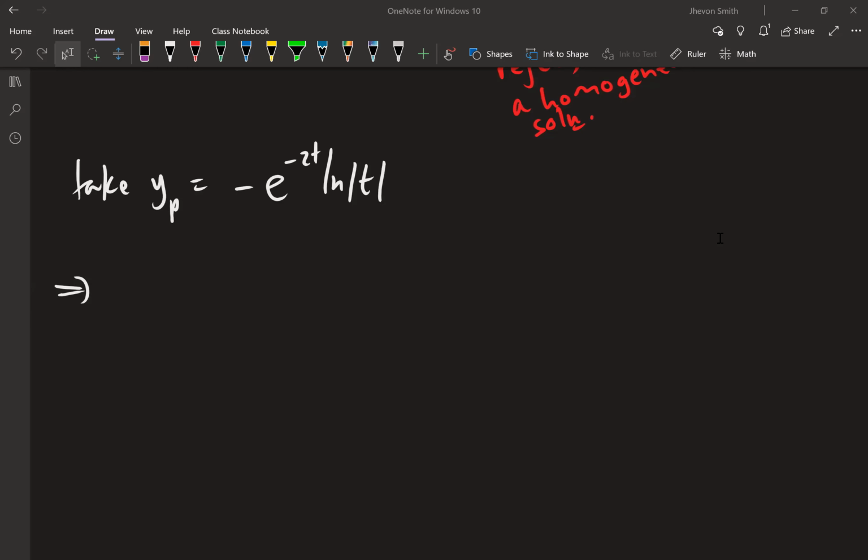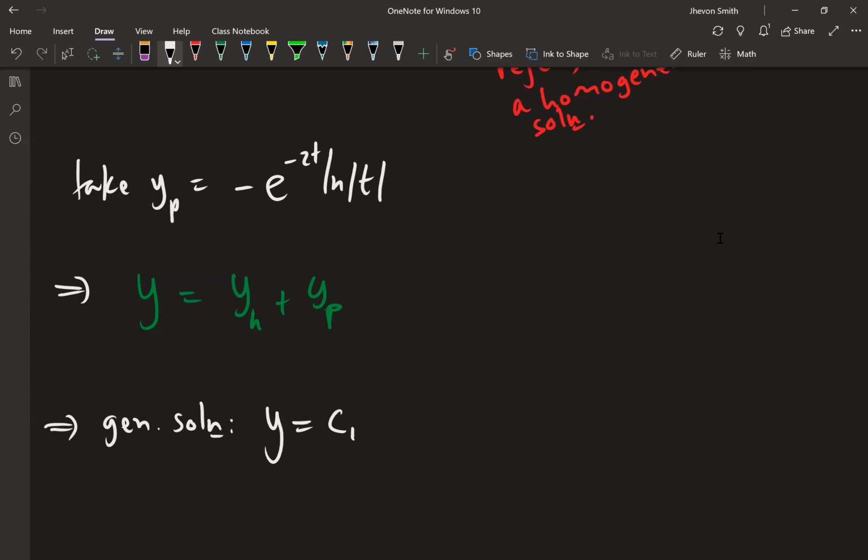So here, now you find the general solution. Remember your y is equal to yh plus yp. So this means the general solution is y equals c1 e to the minus 2t plus c2 t e to the minus 2t minus e to the minus 2t ln t.